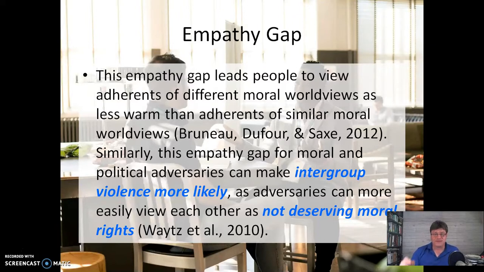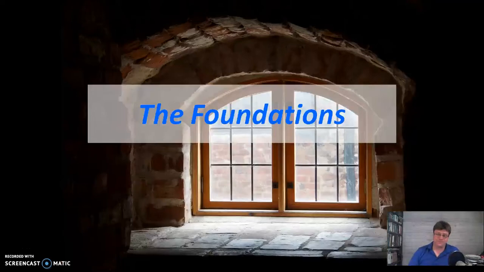The reason why is that as we interact with these people and do not comprehend how they see this as moral, it's easy to make the judgment that these people I disagree with are not even deserving of moral rights. And that's terribly destructive. It destroys any type of trust that you may have in other people, and it's really quite dangerous. And I think we're getting closer to that every day.